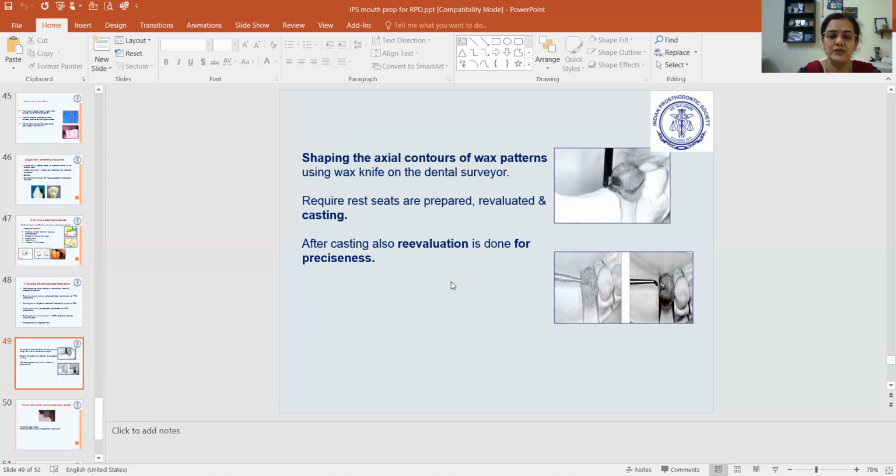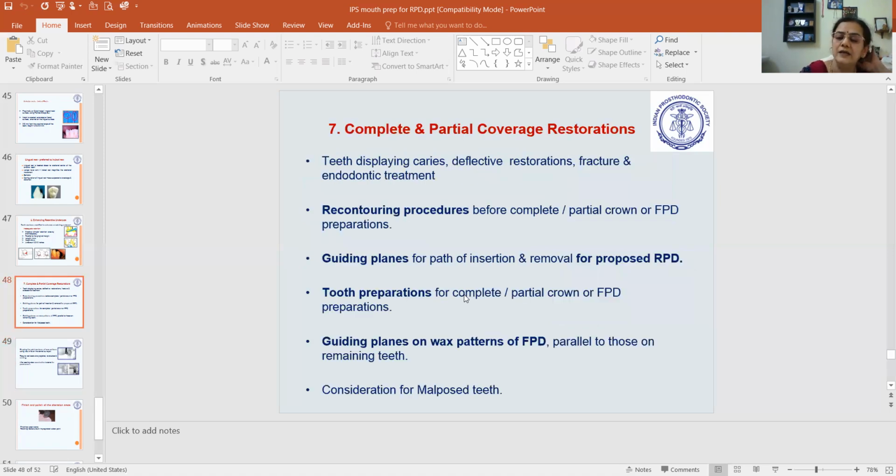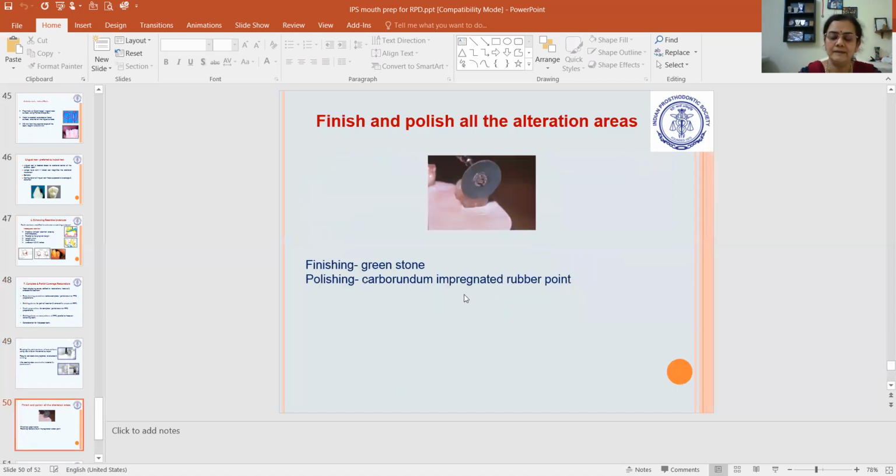After the casting, re-evaluation of the metal crown is done for more preciseness. This way, these complete crowns or fixed partial dentures are ready to support the partial dentures.